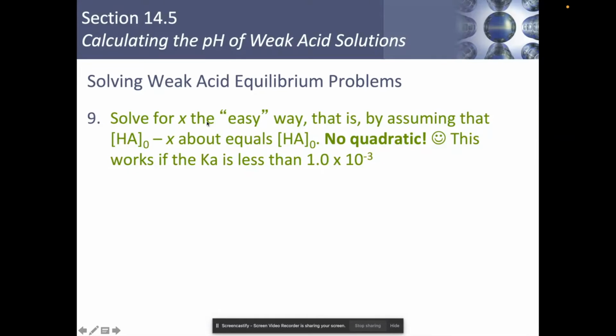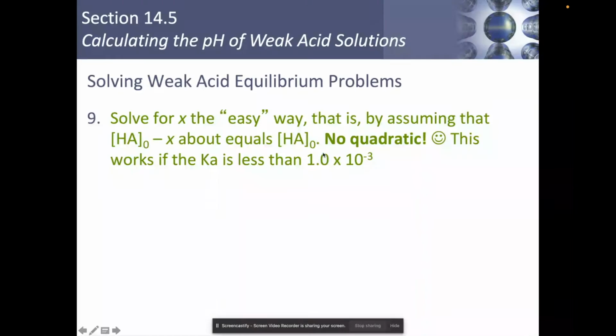We can solve for X an easier way than using a quadratic equation, because the amount of change that we get, our X, is going to be so minusculely small, we can just ignore the minus X part of our ICE diagram, and we can just assume that the equilibrium concentration is exactly what was given in the problem as the concentration of HA. That means no quadratic equation.